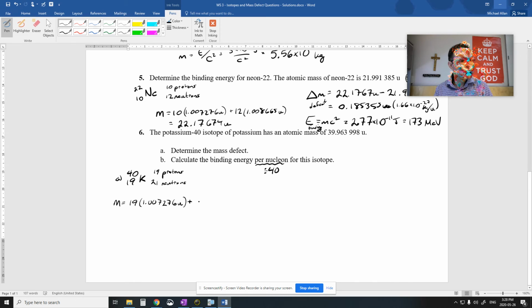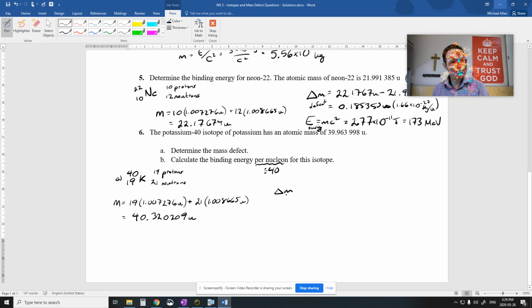Plus 21 my neutrons, 1.008665. Add those together and get my answer. So I get 40.320290 atomic mass units, which is more than that together.